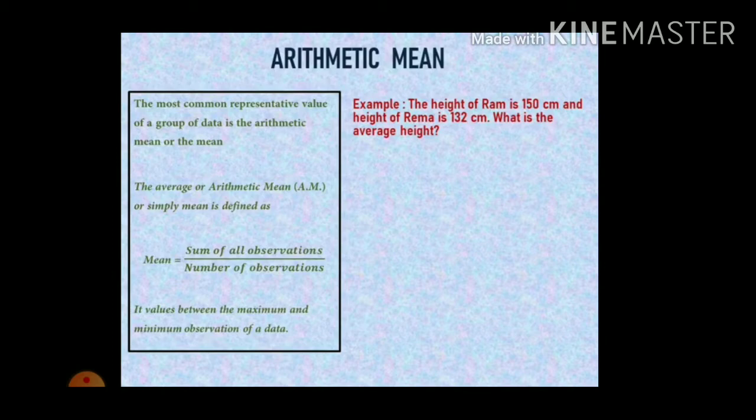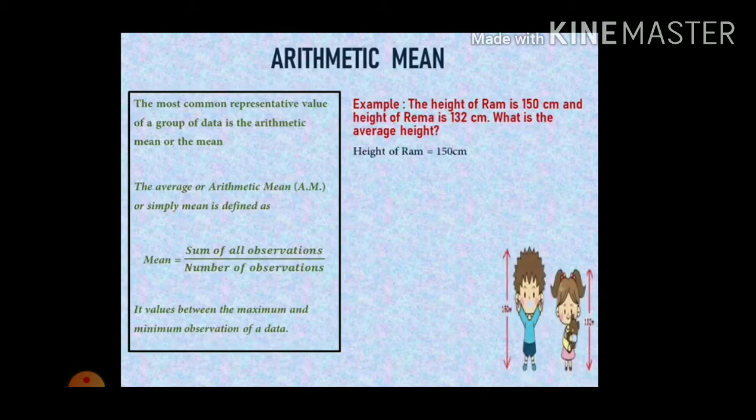For example, the height of Ram is 150 centimeters and height of Rima is 132 centimeters. What is the average height? So here you know that the height of Ram is 150 centimeters and height of Rima is 132 centimeters, right? Now average means in between. So the number of observations is 2.